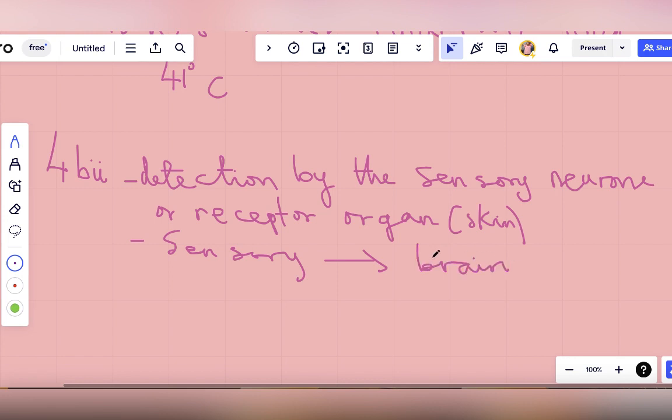And in the brain, it goes to the motor neuron. The brain interprets, and sends to the motor neuron. I put this arrow, meaning to motor neuron.